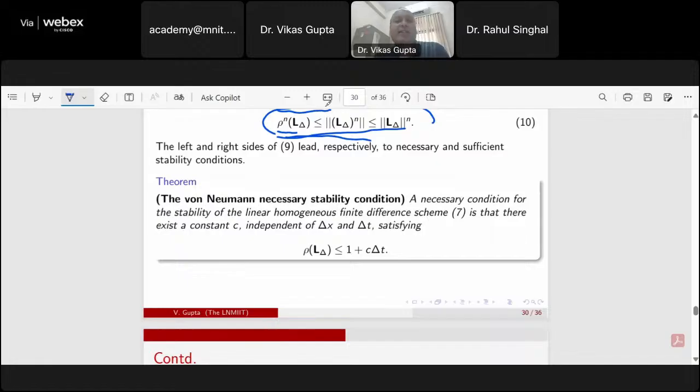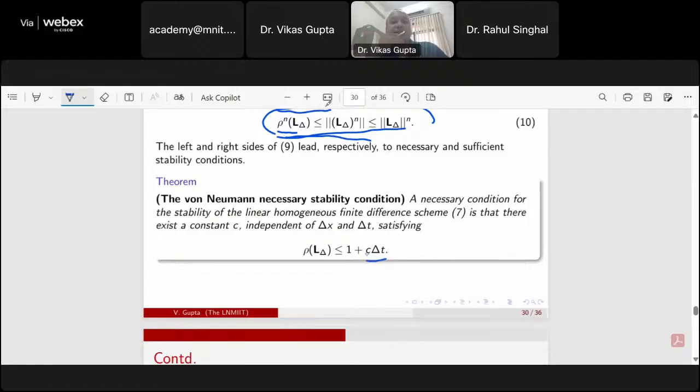A necessary condition for the stability of the linear homogeneous finite difference scheme is that there exists a constant C, independent of delta x and delta t, satisfying that the spectral radius of L delta should be bounded by 1 plus C delta t. So any linear homogeneous finite difference scheme, if it is stable, will satisfy this condition.